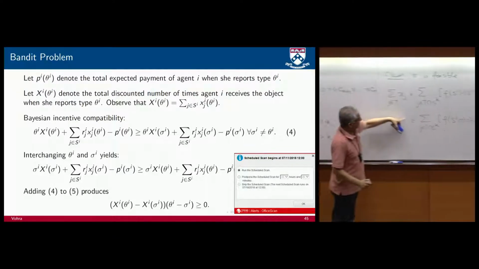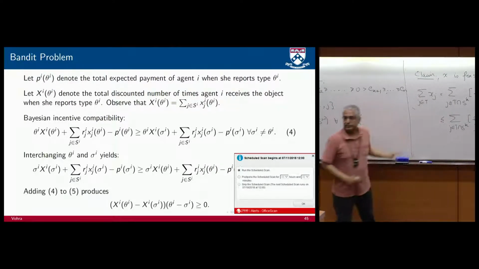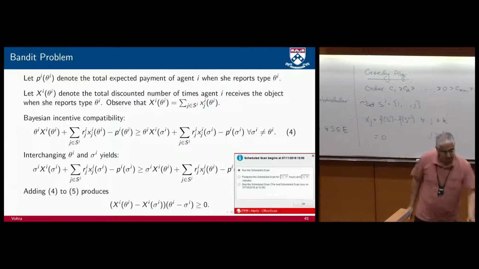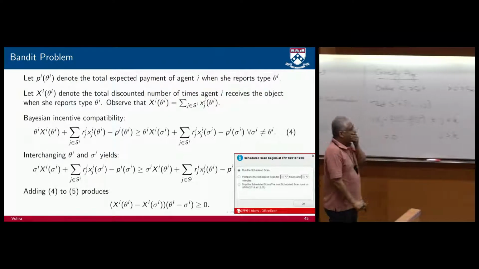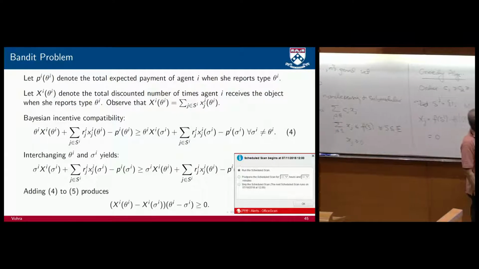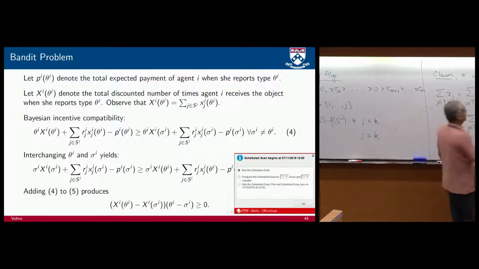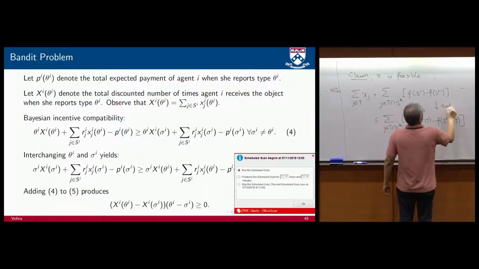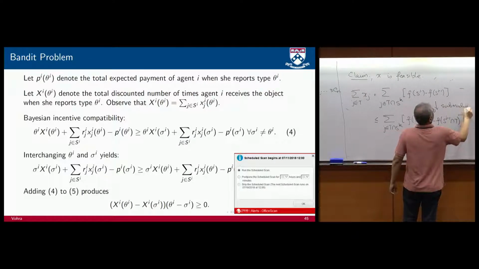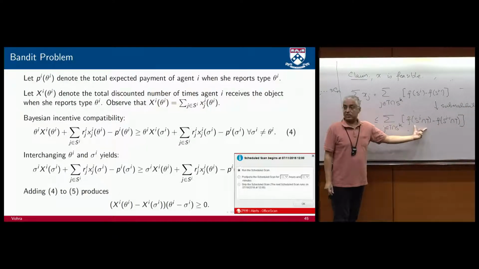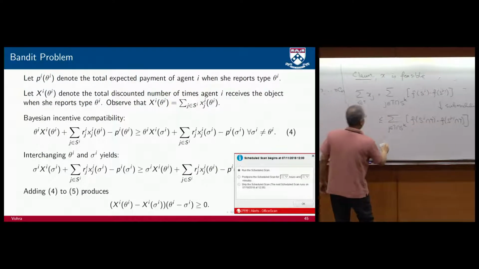So I claim this is less than or equal to this. Going from this to this is submodularity. Now over here, what do I have? I have a telescoping sequence, so all the intermediate terms cancel.